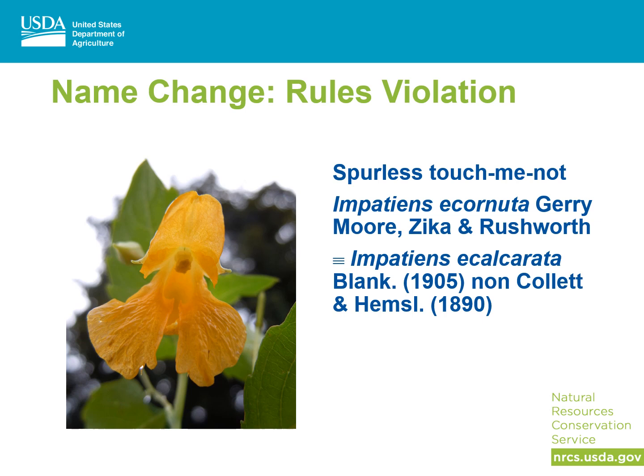Two species cannot have the same name. Therefore, one of those species had to give up that name, and that was the species in the United States, since it had the later name. So that one had to change its name, and the name given to it was Impatiens ecornuta.